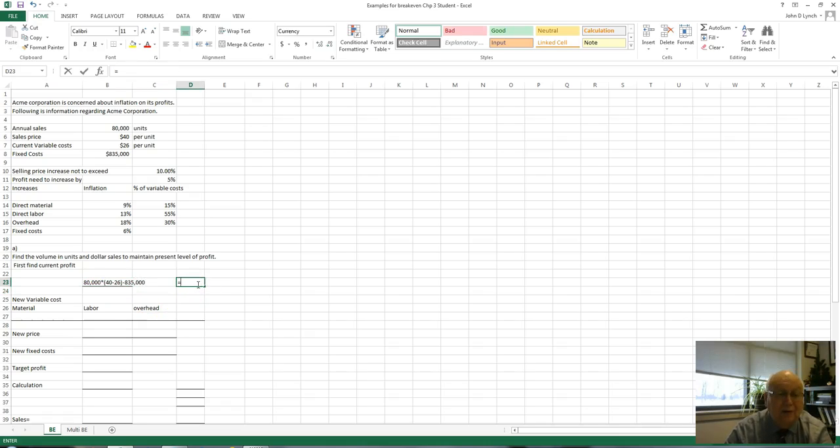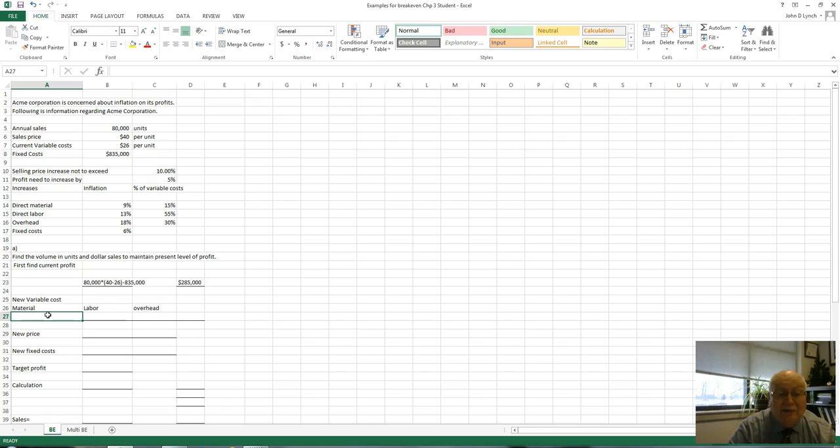Here we'll do the same thing, except we'll use Excel. So we take 80,000 times 40 minus 26, minus 835,000, and it gives us $285,000. That's our current profit for the year.